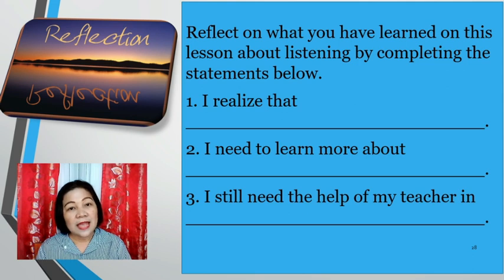Number 1, I realized that. So, what are your realizations about the lesson we have been through? Number 2, I need to learn more about the story. And number 3, I still need the help of my teacher in, of course, we are very willing to help you.